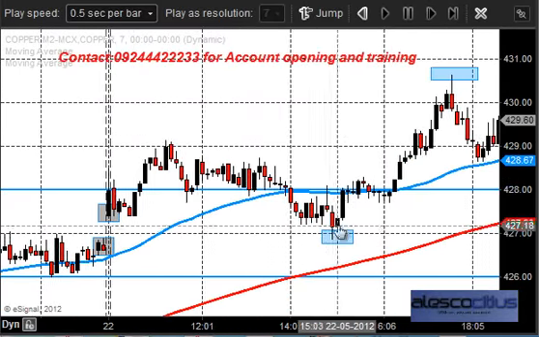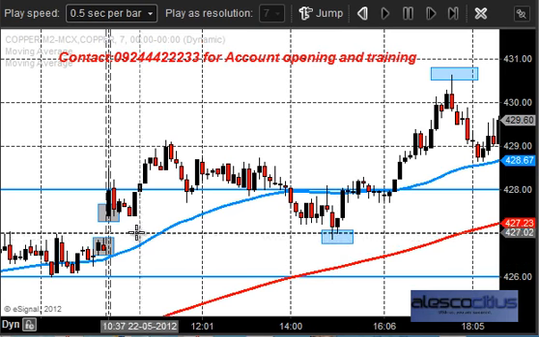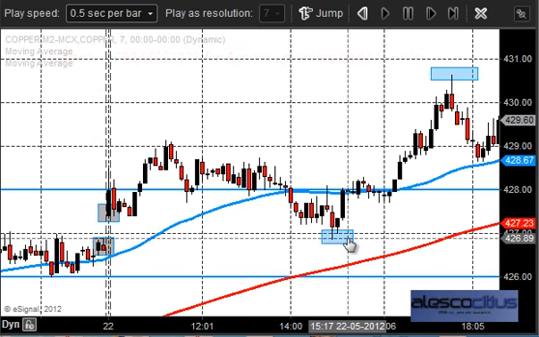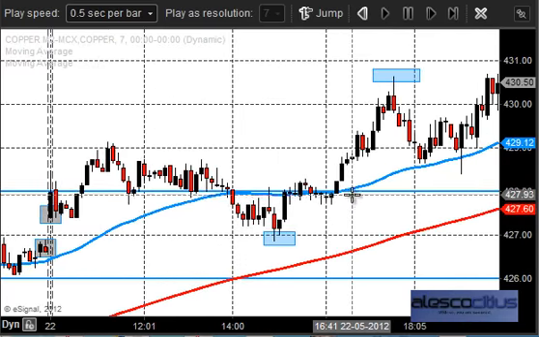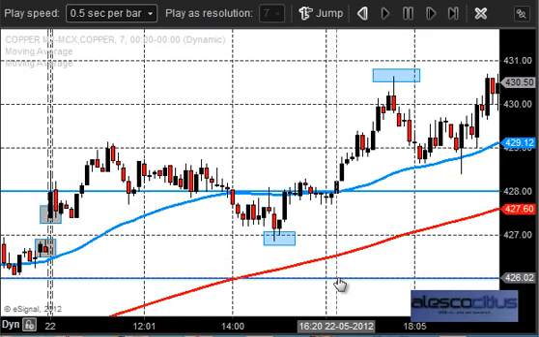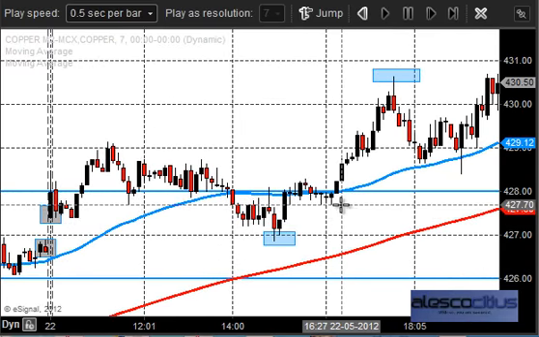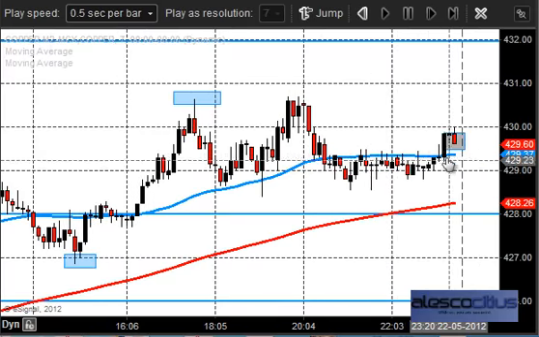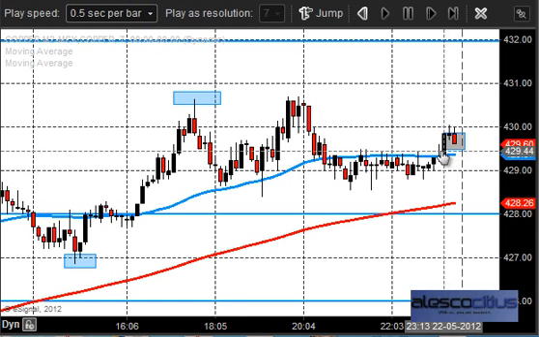Yesterday's low is also well above the previous day's low, and it is well above the previous day's closing also, which indicates that in this decision zone of 428 to 426, the decision yesterday was made for buyers. That is, the buyers gained some momentum, and it closed above 429.6.